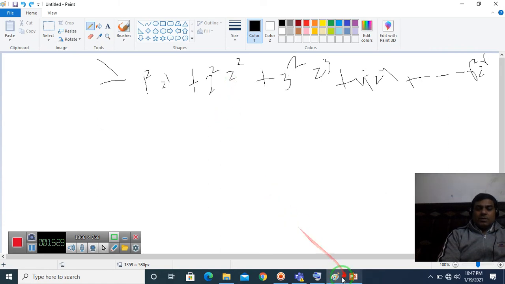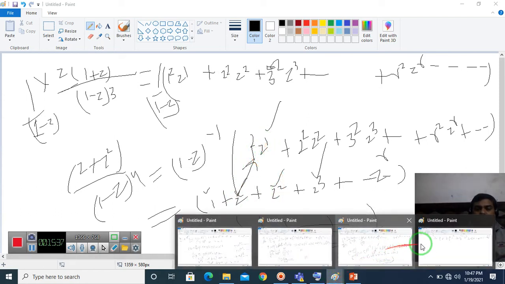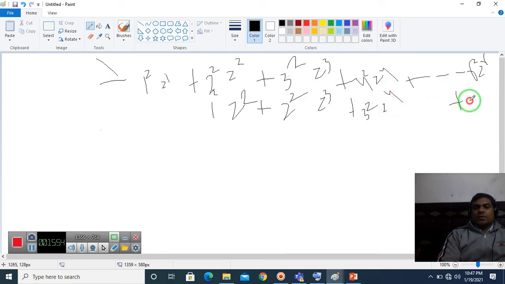So if you multiply by z, it becomes 1 square z to the power 2 and 2 square z to the power 3, 3 square z to the power 4, something, okay, (r plus 1) square z to the power r plus 1.